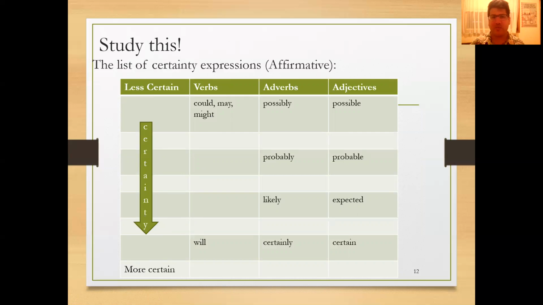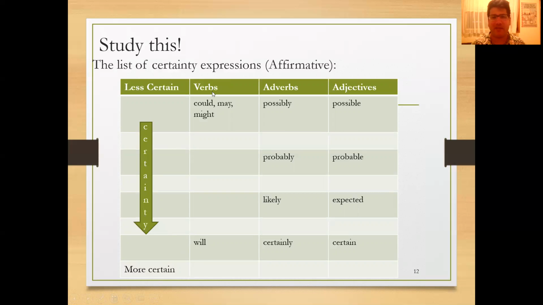So for the verbs, we have could, may, and might, which are less certain. So it could rain tomorrow. We're not sure, it's not certain. And then on the bottom we have certainty. It will rain tomorrow. So we know that it is going to rain because there is a high level of certainty.